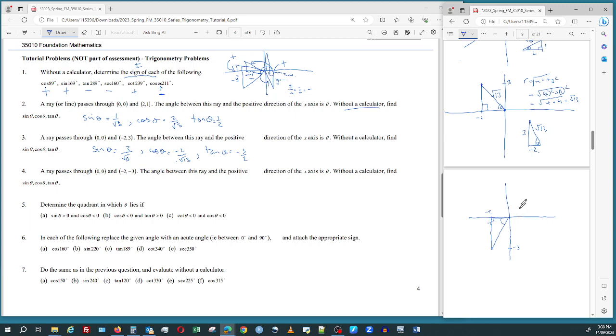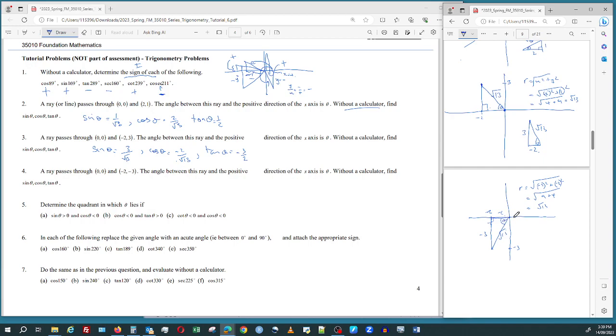If we find out the radius, it'll be the square root of -3 squared plus -2 squared, which would be the square root of 9 plus 4, which is the square root of 13 again. So we've got -3 and -2 for our sides.